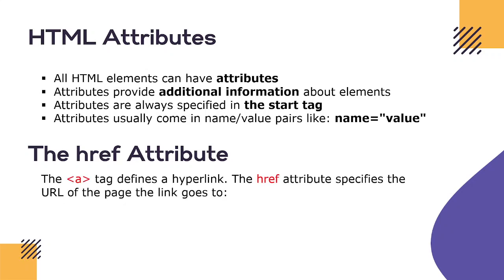The href attribute of the A tag defines the hyperlink. The href attribute specifies the URL of the page the link goes to. Again, the A tag defines the hyperlink and the href specifies the URL.